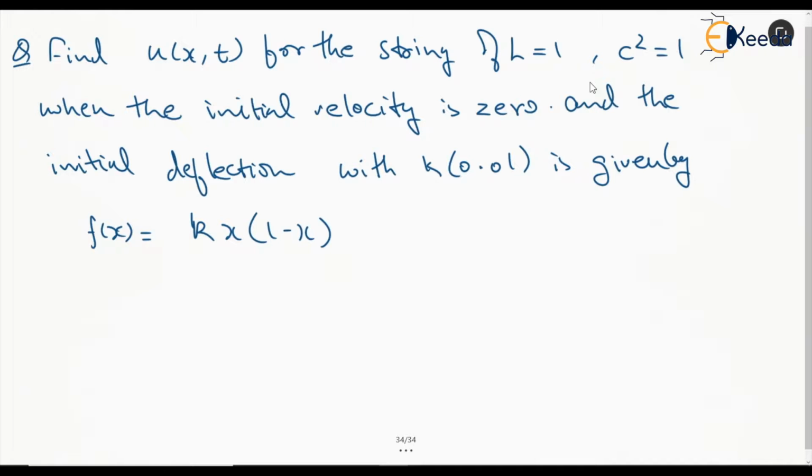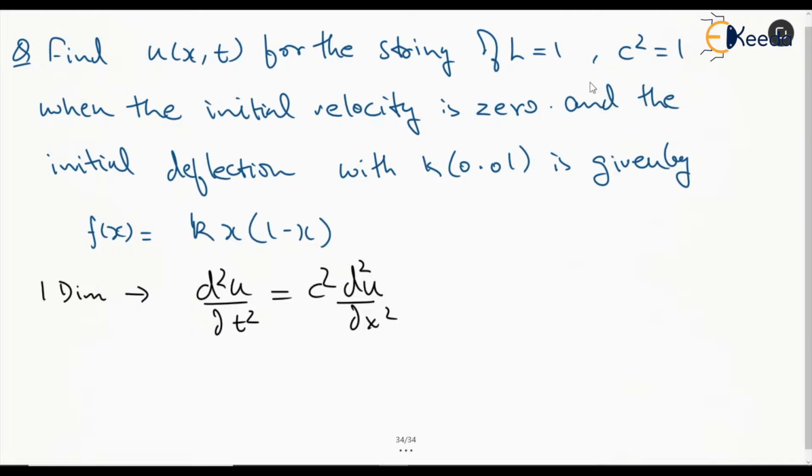Before getting into this question, let's discuss some of the initial conditions and boundary conditions here so that we can see what is happening and how to find the solution. So far we have seen that this one-dimensional wave equation is given by d2u by dt square is equal to c square times d2u by dx square, right?